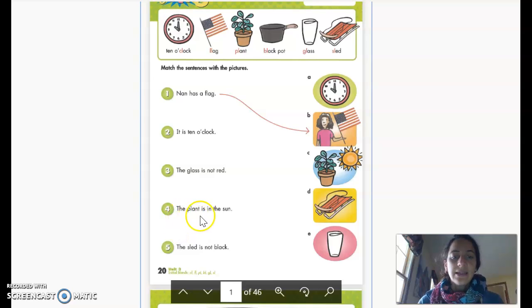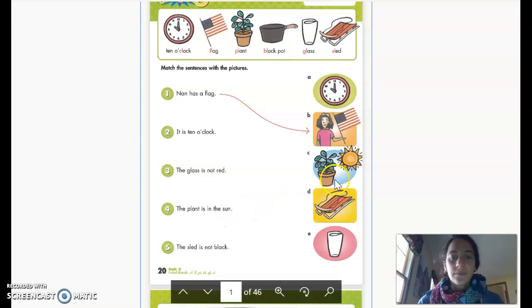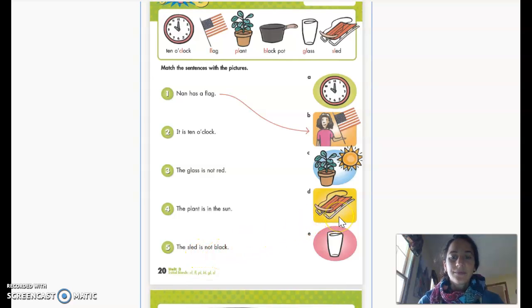The plant is in the sun. The sled is not black. Great. Now you can hit pause. You can listen to the sentences again, or you can read them by yourself.